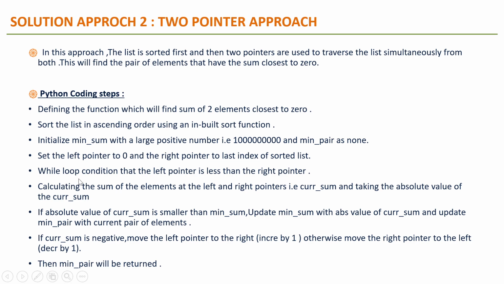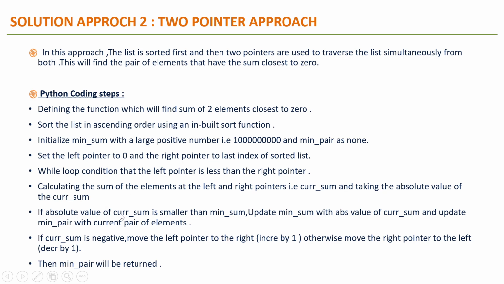Then a while loop is applied, stating that if the left pointer is less than the right pointer, obviously it will be in the first stage, then we have to calculate the sum of the elements at the left and the right pointer. That is, a new element will be generated, the current sum of both elements. Then we have to take the absolute value of this current sum.